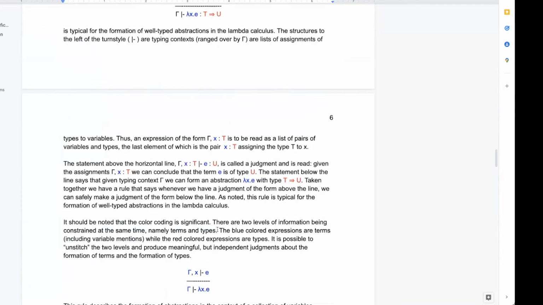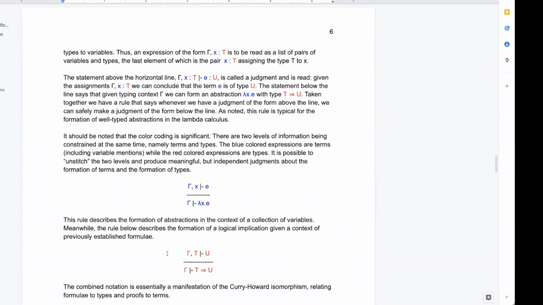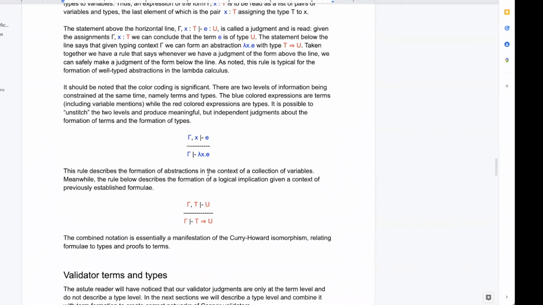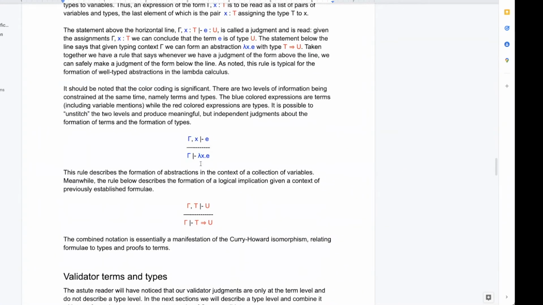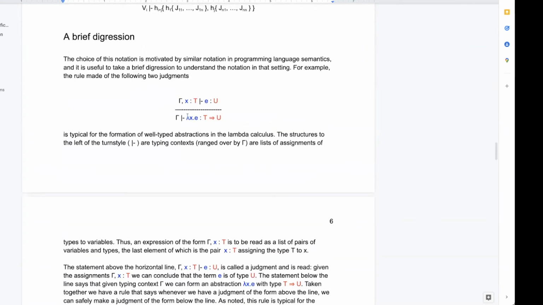So this rule here can be thought of as a manifestation of the Curry-Howard isomorphism. It's effectively correlating logical formulae to types, and it is correlating terms, program terms, to proofs.